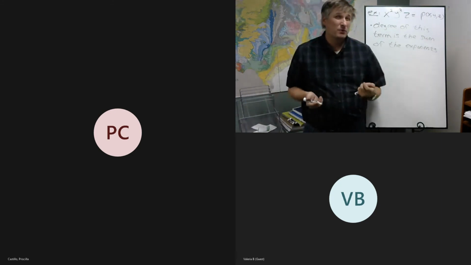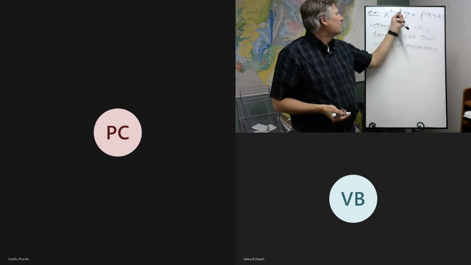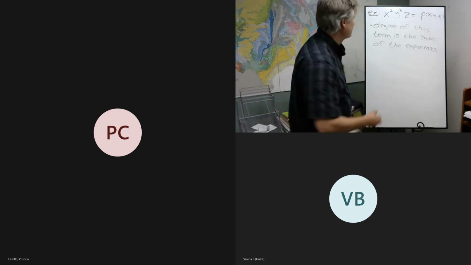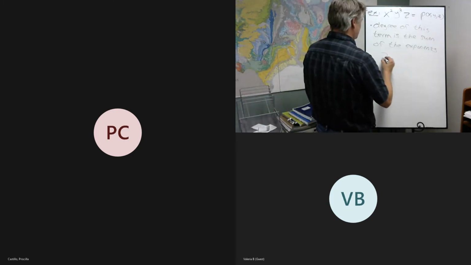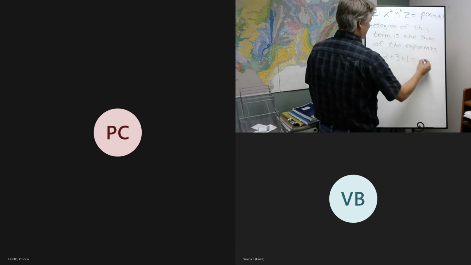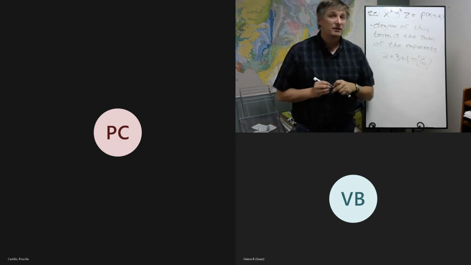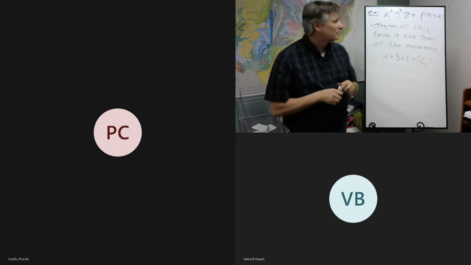So when you have a polynomial with multiple variables and there are multiple exponents, the degree will be the sum of those exponents. So 2 plus 3 plus 1, 6. That would be the degree of this monomial.